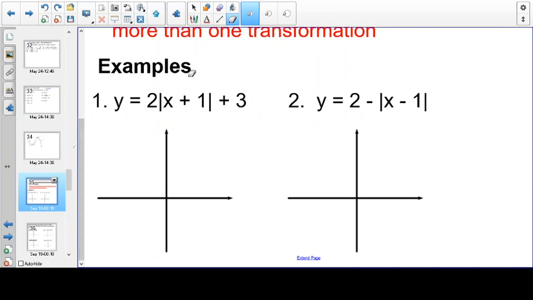Now you're not going to, at any point, have to transform a modulus graph that doesn't start off life as a linear. I've not seen any questions where you've got to sketch a modulus quadratic graph and then transform that. It always starts off as a linear.